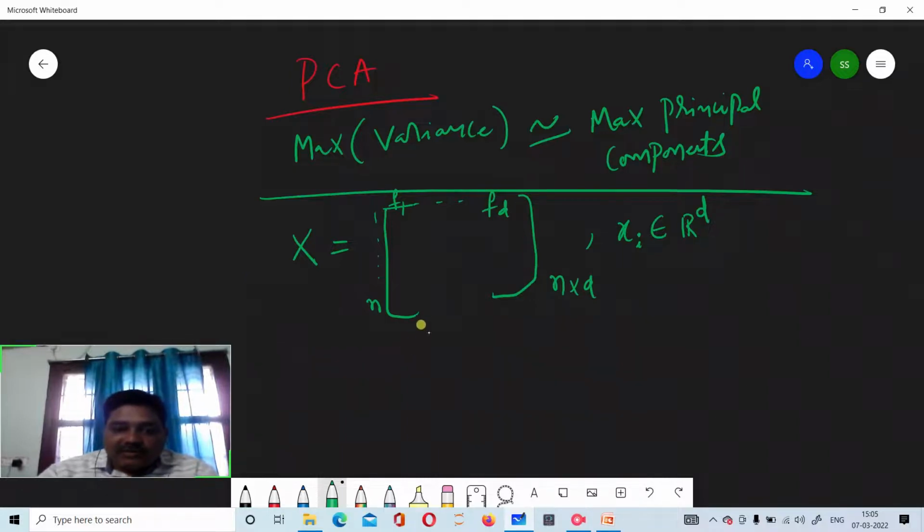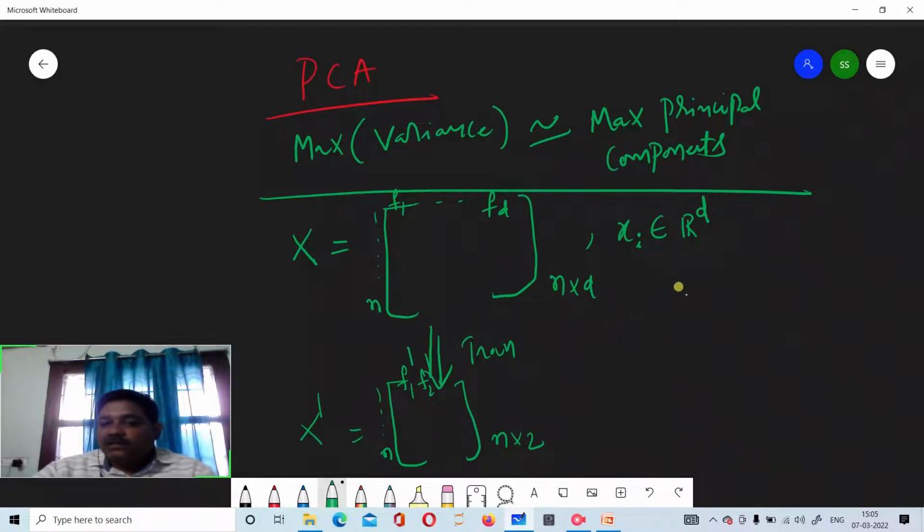This is higher dimensional data. So what is your transformation? We call it the transformation. xi becomes your projection data: 1, 2, and so on up to n, with feature 1 and feature 2, let's say n cross 2.